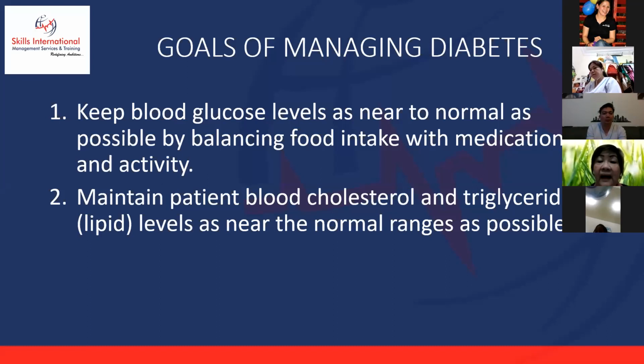So this way, you are there to help your patient go back to at least normal, if possible, by balancing the food intake with the medication that you are going to assist in managing, and keep the patient going by doing some activities. If the patient cannot run or cannot get out of the bed, it is up to you how to help them do some exercises.